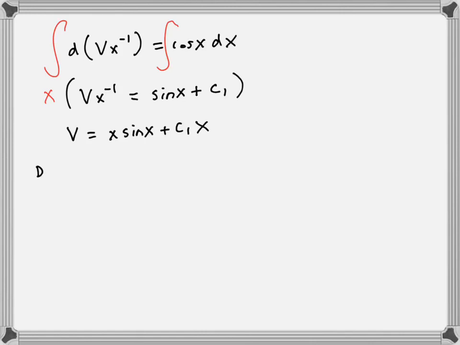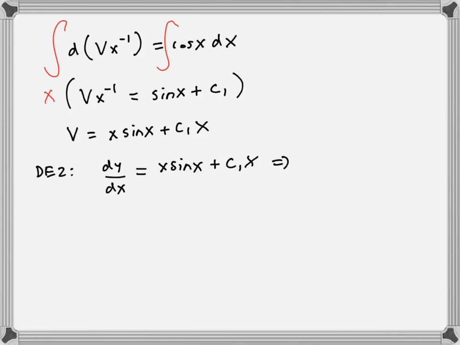Now, what's differential equation 2? Remember, differential equation 2, remember our substitution was v is equal to dy dx. And so now we can just rewrite what we just got as dy dx is equal to x sine x plus c1x. So we just need to integrate both sides because this is separable, right?